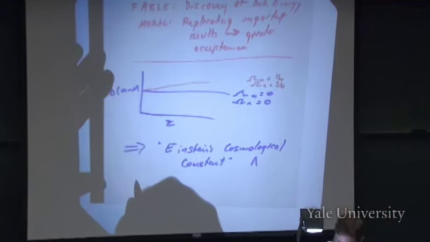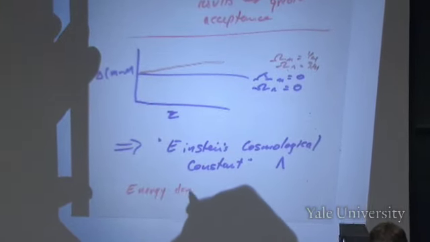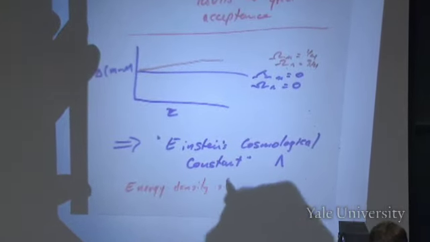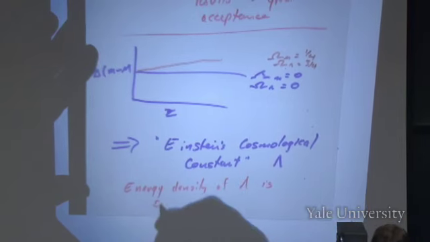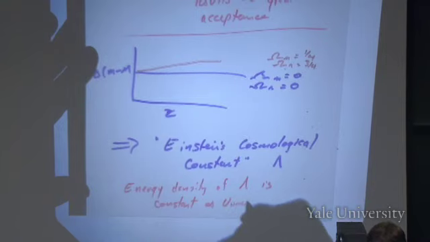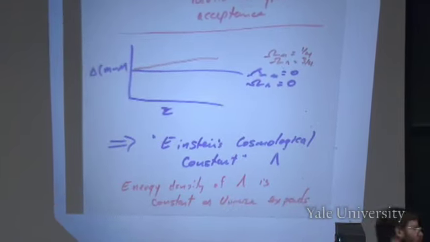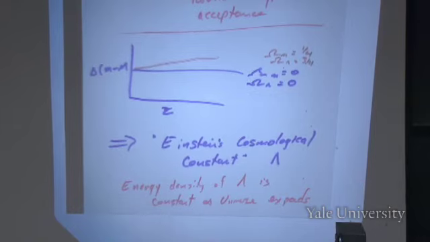It is the energy density. Remember, that's the crucial quantity. The energy density of lambda is constant as the universe expands. So if you take 1 cubic meter of space and you say, how much dark energy is there in this cubic meter of space?